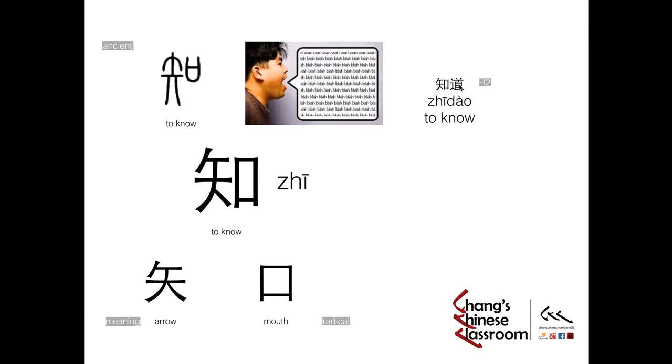So 知道 would mean to know the rules for everything, or combined, to know. And 知识, 识 means to recognize, right? To know, to recognize everything, that's your knowledge. And the last one, 通知. 通 actually means throughout. So you make the thing known to everyone, that's notice.